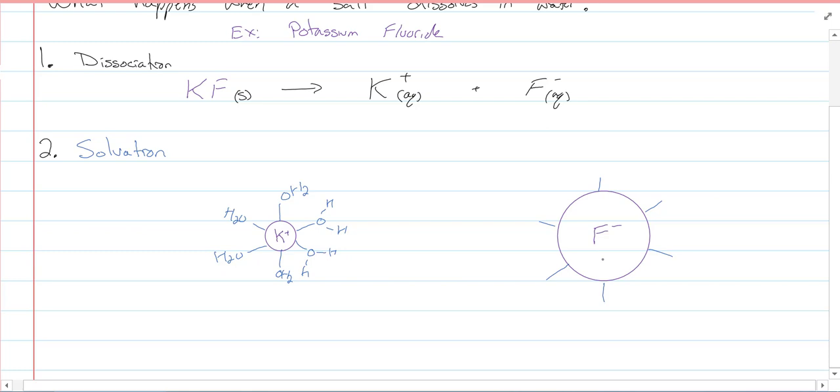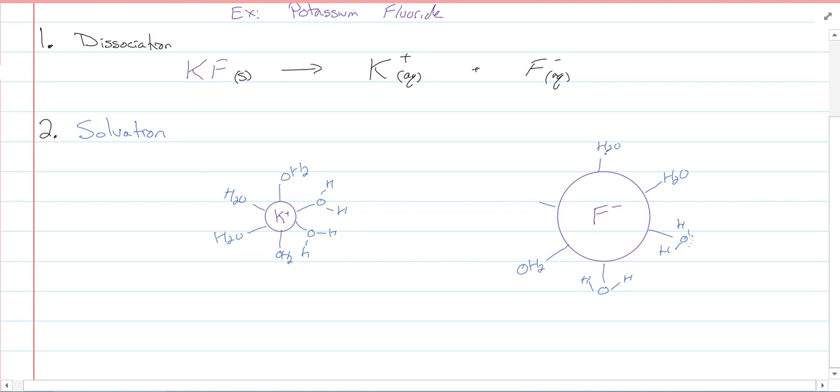Conversely, for fluoride, it's the positive side of water, so that would be the H, the O. So OH2 this way, H2O that way. That's how we would write it to show you what's going on.